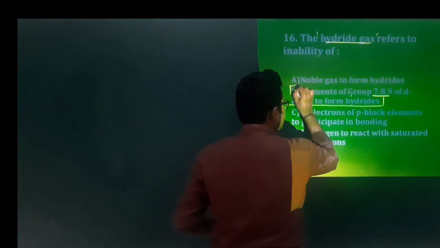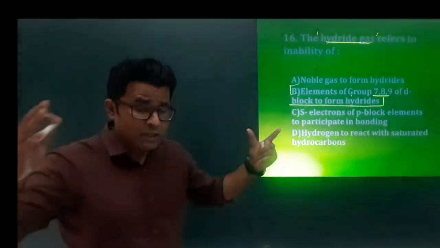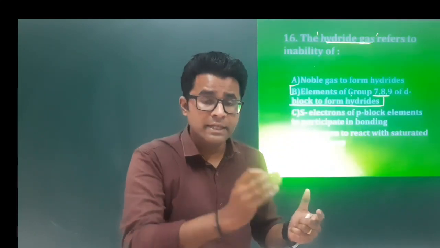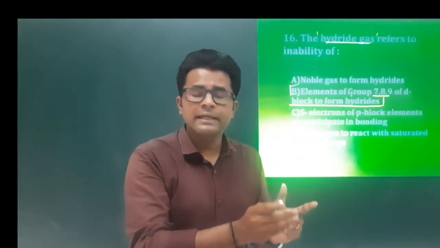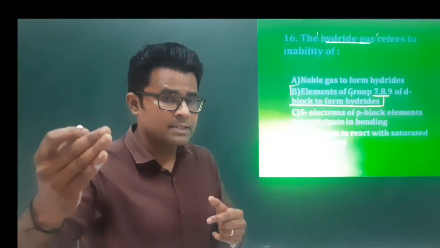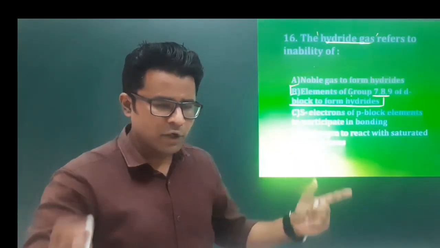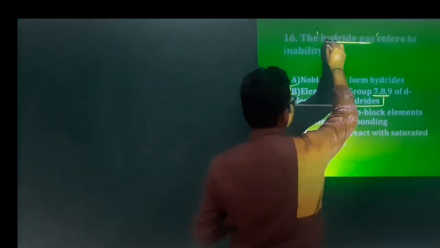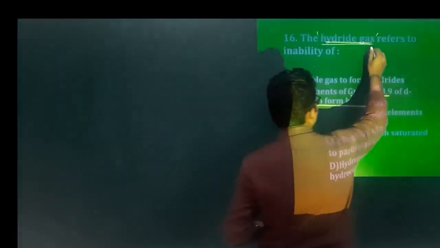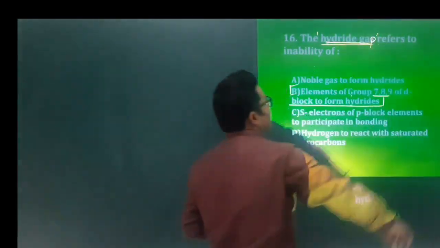When we look at the entire periodic table, the elements of groups 7, 8 and 9 cannot react with hydrogen to form hydrides. This entire group we call the hydride gap. So, we'll proceed to the next.